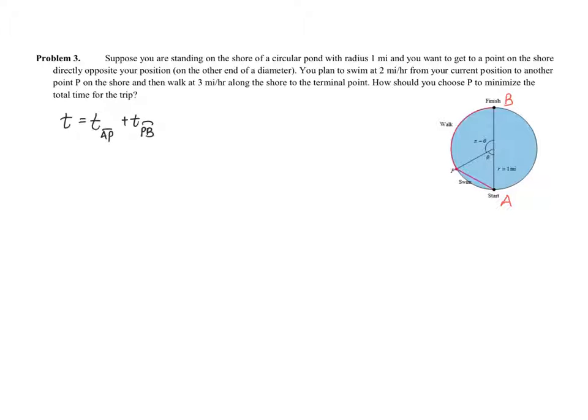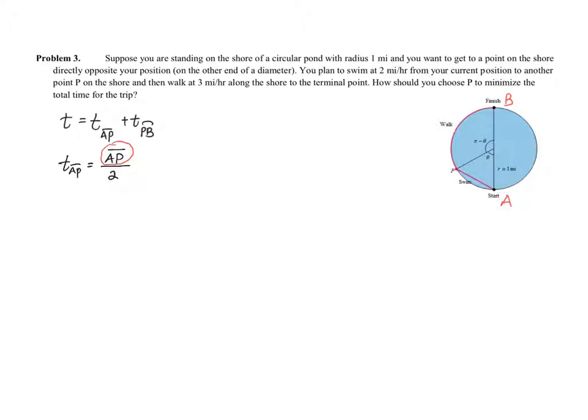In order to find each time, we need the distance from A to P and from P to B. So the time for segment AP is the distance of this segment divided by the speed, which is 2 miles per hour. So now it all comes down to how do we find this AP, right?